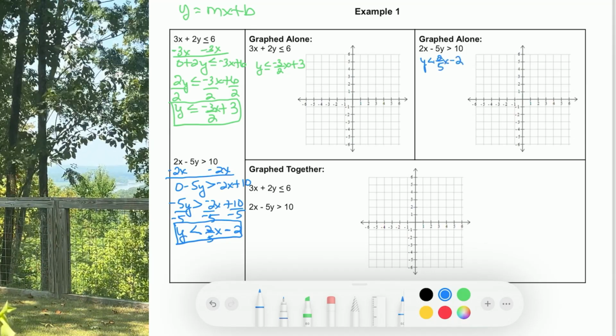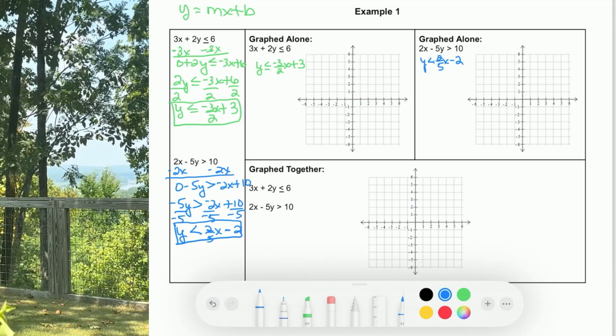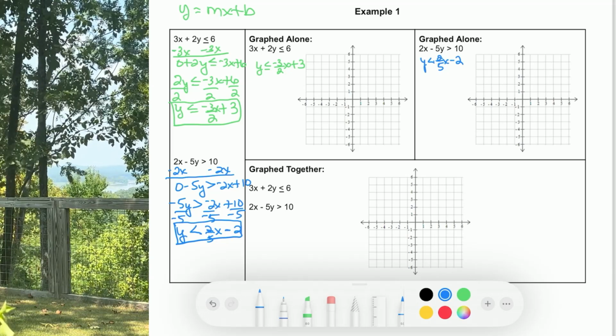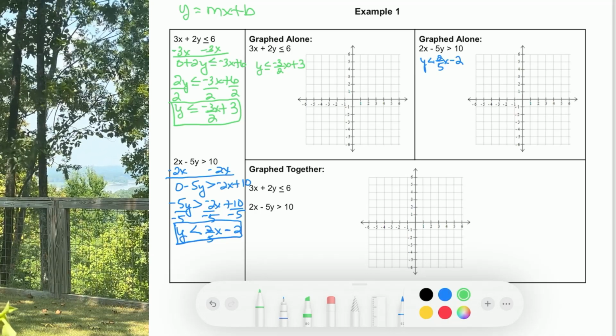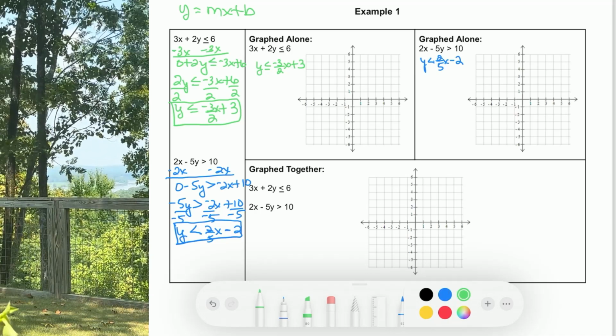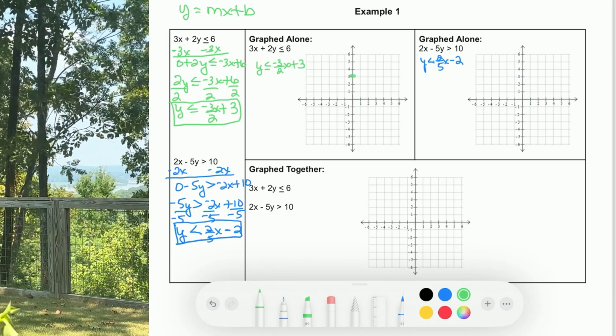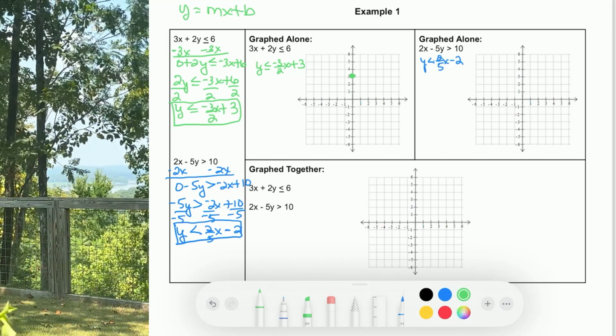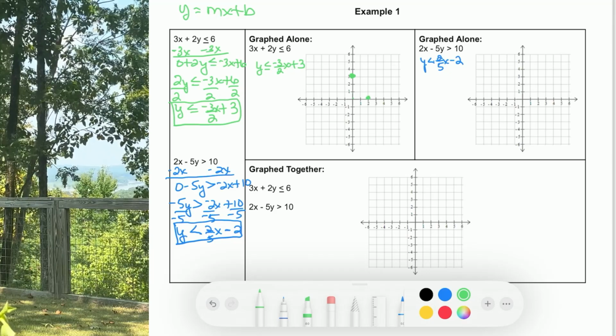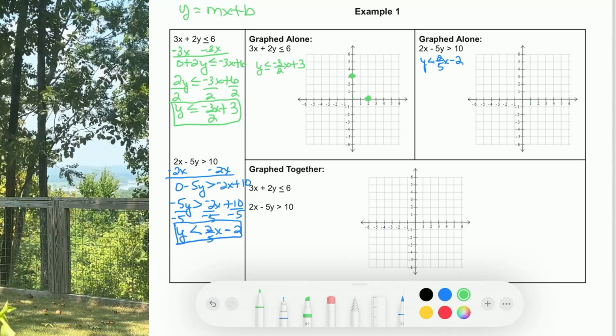All right. So now we can actually graph both of these. So I'm going to do that real quick. So in our first one, our b is 0, 3. So I'm going to go up to 3. Our slope is a negative 3 halves. So I'm going to go down 3 over 2. Get my second coordinate right here.